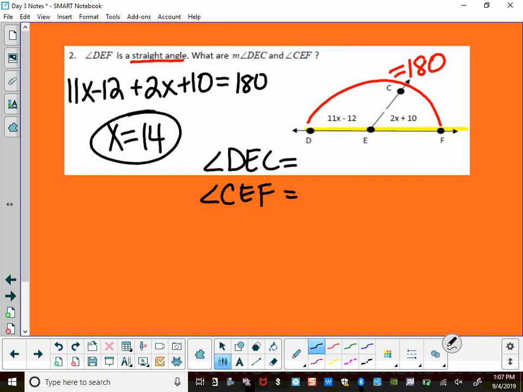Use that second line. 11 parentheses 14 minus 12 gives us what? 142. 142? Good. And what about the measure of CEF? 38.